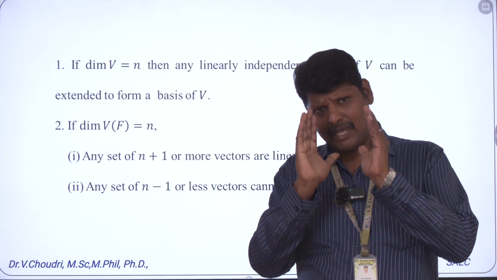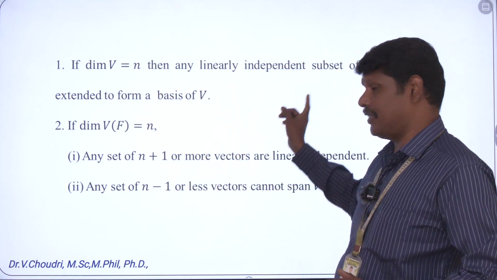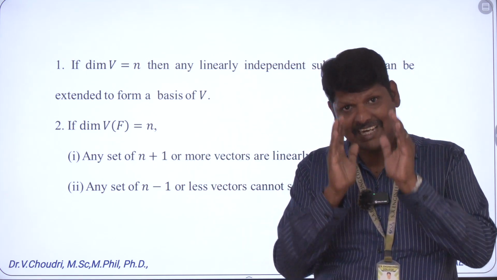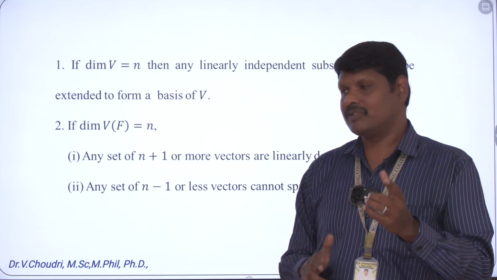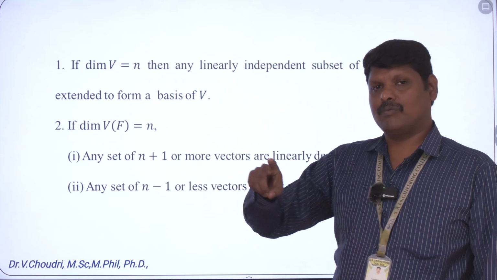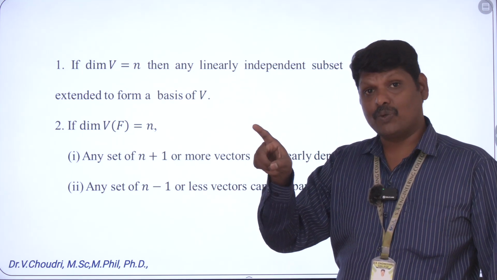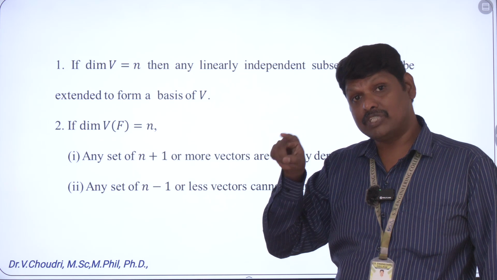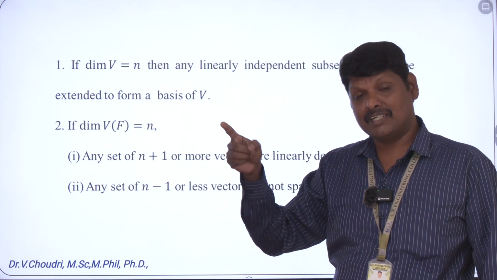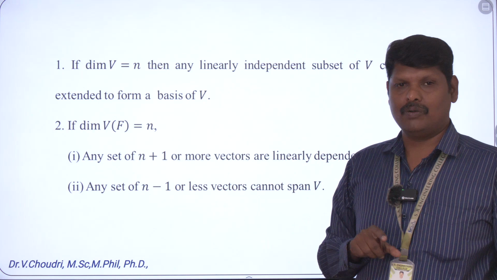Absolutely, if it is linearly independent, all the vectors are needed to form any vector from the vector field. For example, x, y, z equals x times 1, 0, 0 plus y times 0, 1, 0 plus z times 0, 0, 1.